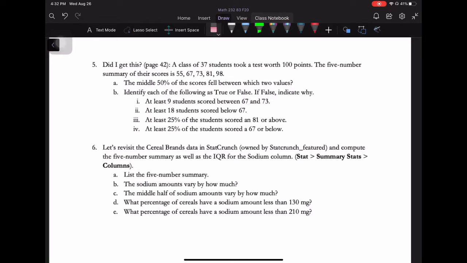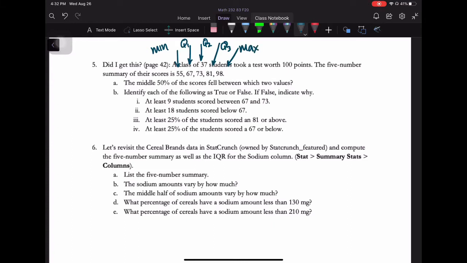Moving on to did I get this, we have a class of 37 students who took a test worth 100 points and were given their 5-number summary. As a reminder, that means that we have the minimum, we have the 1st quartile, we have the 2nd quartile, the 3rd quartile, and the maximum.